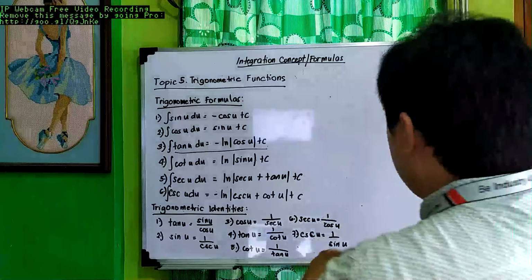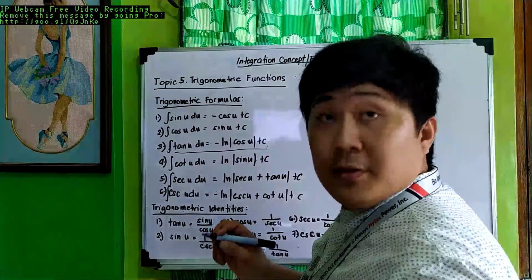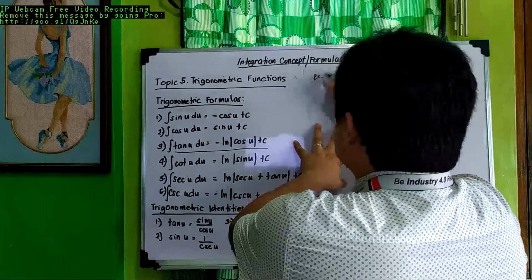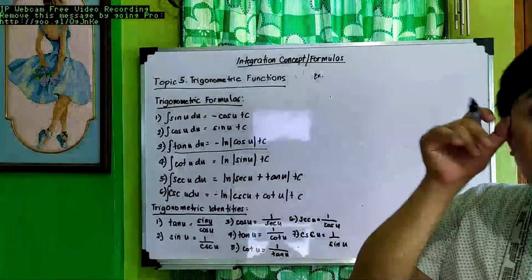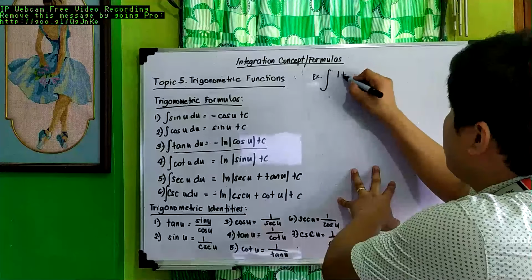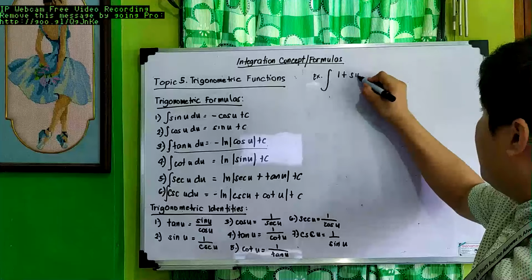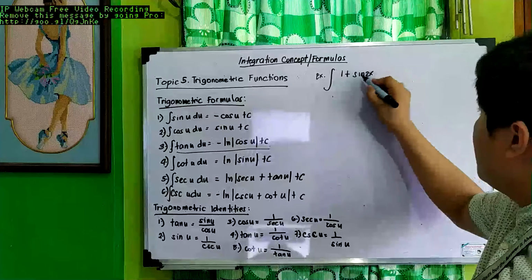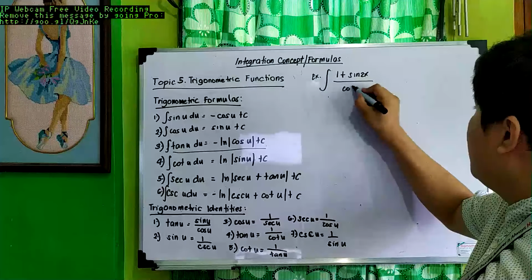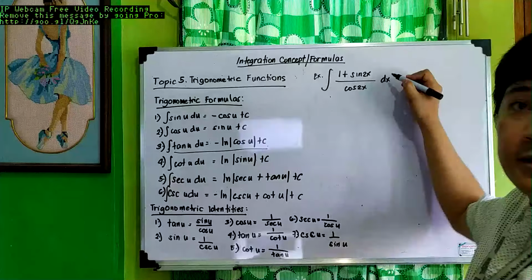Okay. So let's have another example. Let's say let's have integral of 1 plus sine 2x over cosine 2x dx.